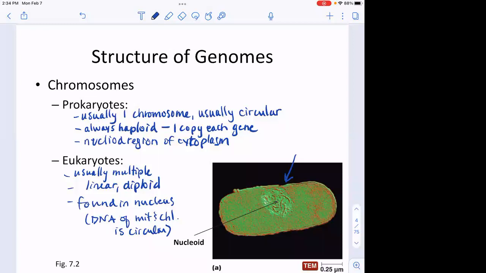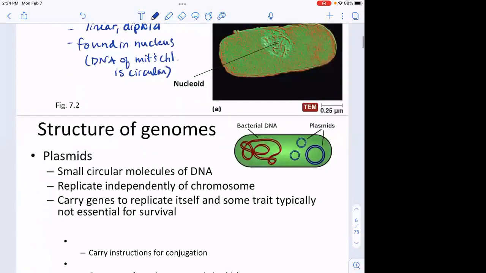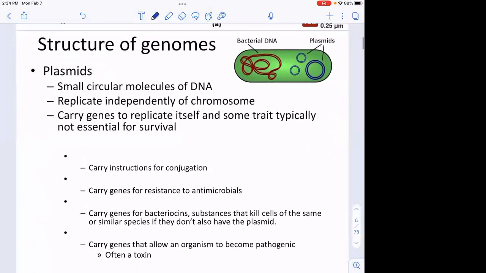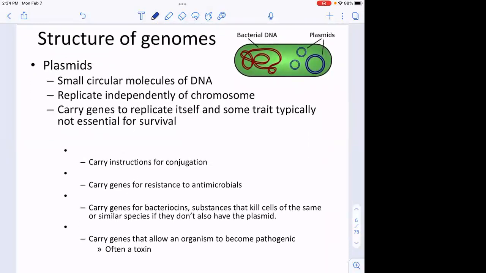Now, in addition, prokaryotes, bacteria and archaea, will also have plasmids. These are much smaller circular molecules of DNA. They don't replicate on the same timetable as the chromosomes, so they can replicate whenever they want.